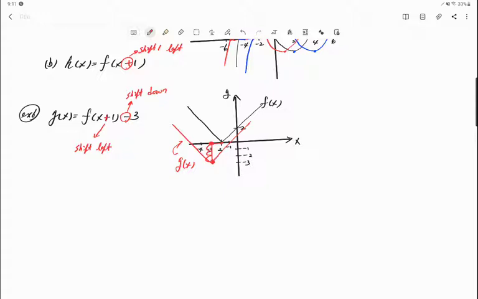So what you have to do is shifting. Make sure whether plus or minus is in the x or y. If x is replaced by plus or minus, then shift right or left. If plus or minus is added to the y, the whole f of x, then shift up or down.